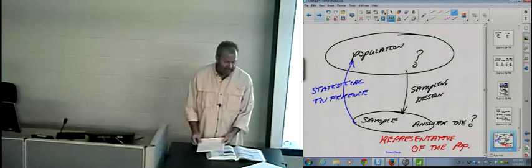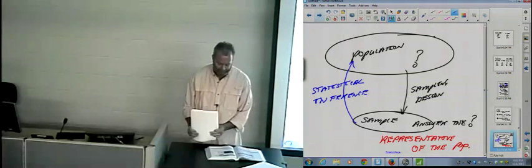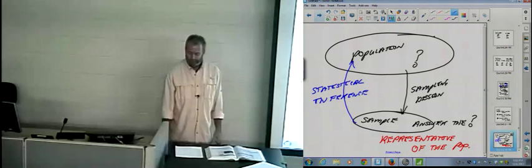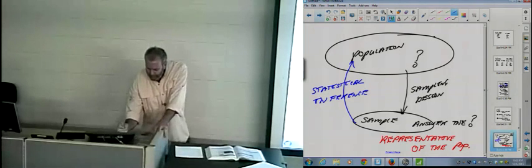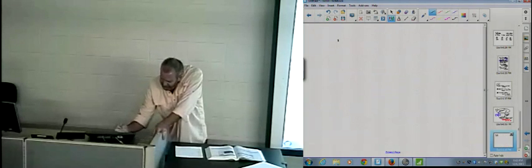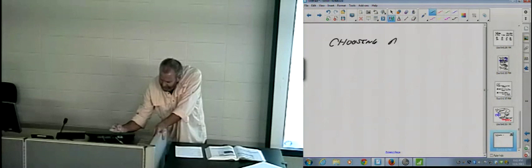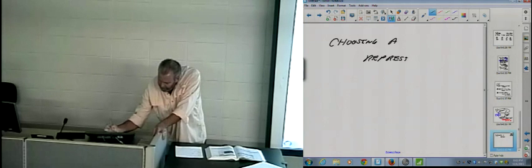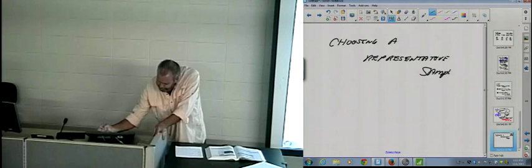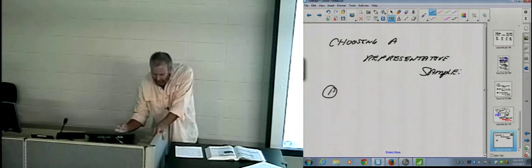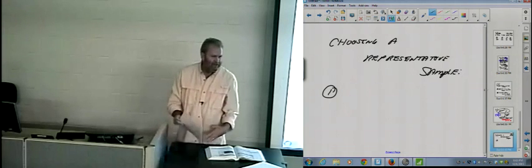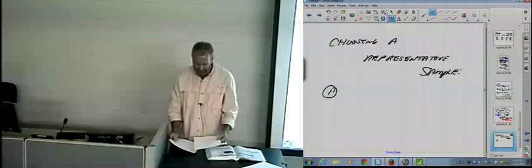When I think about this idea of choosing a representative sample, now, I'm going to give you things that you're going to say, oh, well, that's like a stupid thing for you to say.